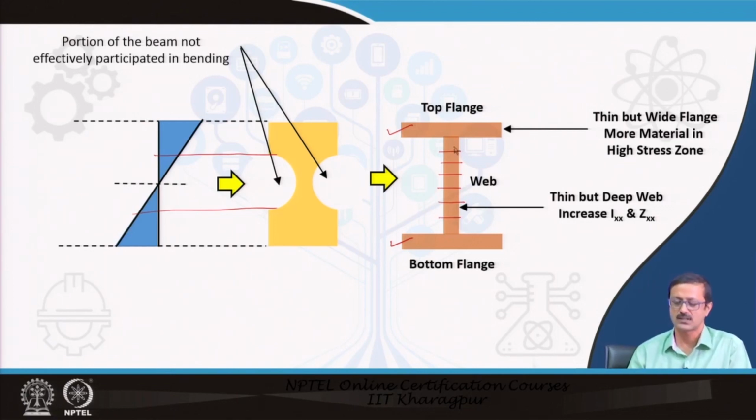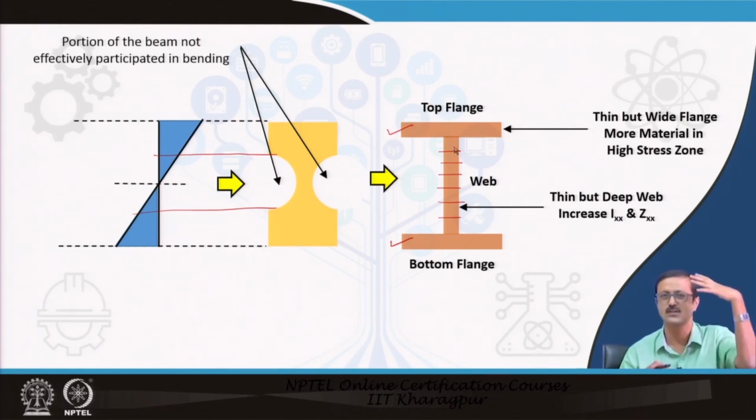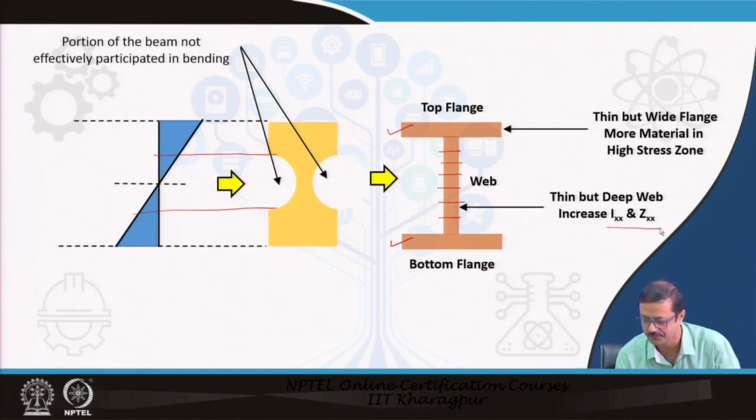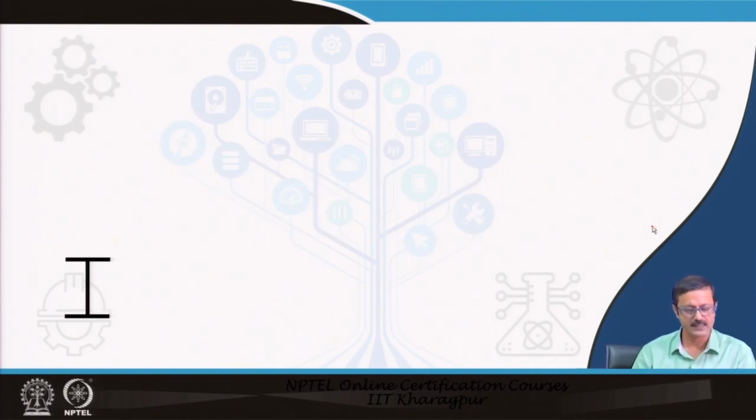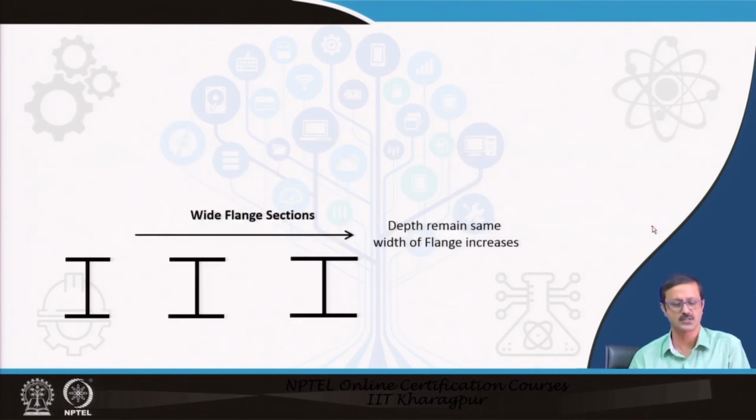The depth is high because if it is deep, it increases your Ixx and the Zxx value, right. So, this kind of section is an I section, and I can have a series of I sections whose depth remains the same, but the flanges increase, right.